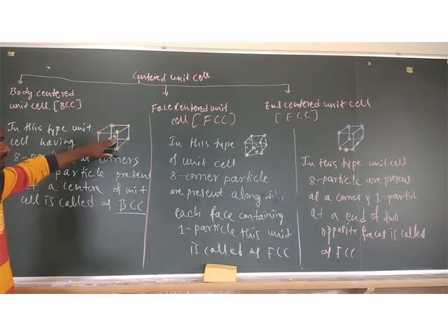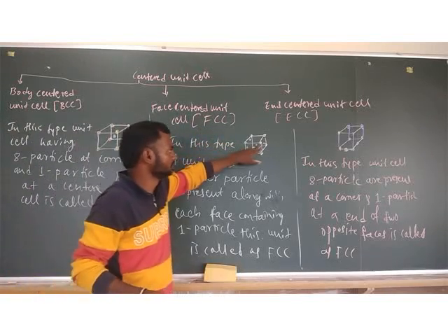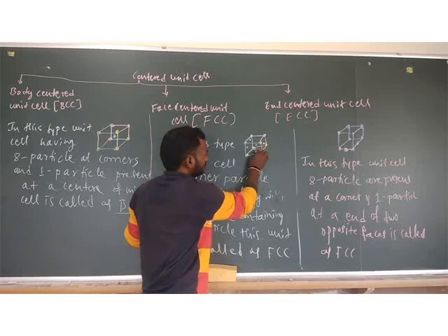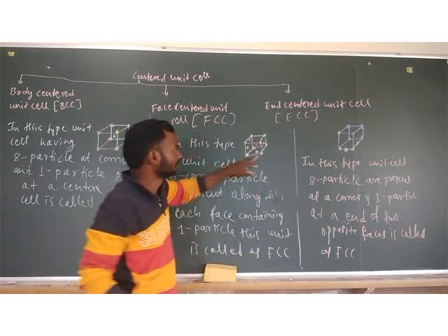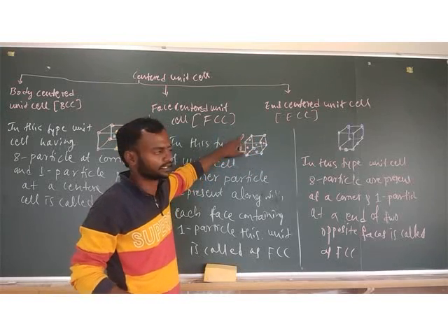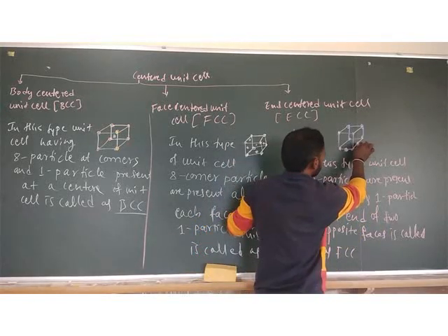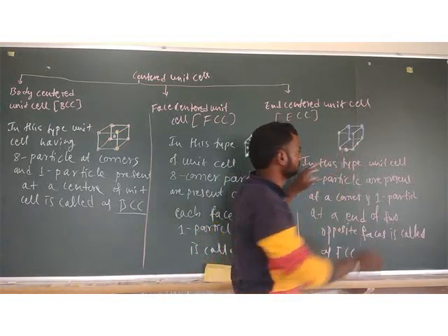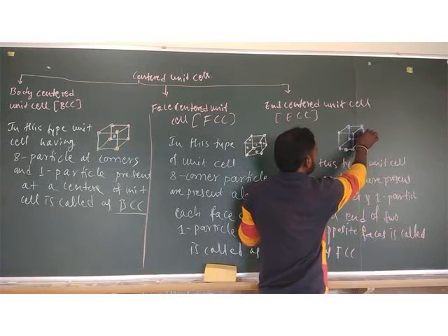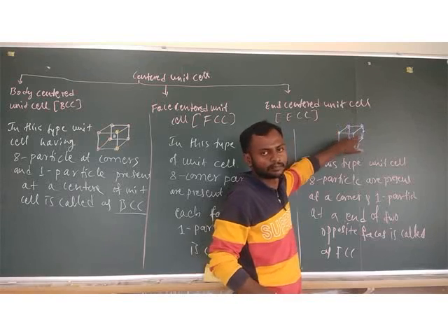In this one, the center of the unit cell contains one particle along with 8 corner particles. In the face centered unit cell, each face contains one particle along with 8 corner particles, and in the end centered unit cell, the end of the 2 opposite faces have a particle along with 8 corner particles.